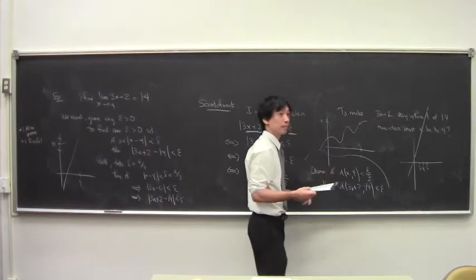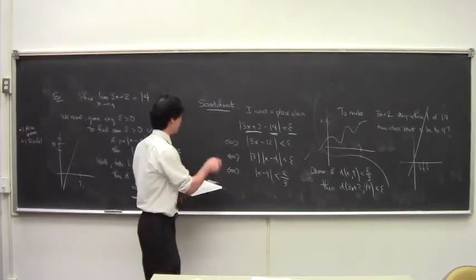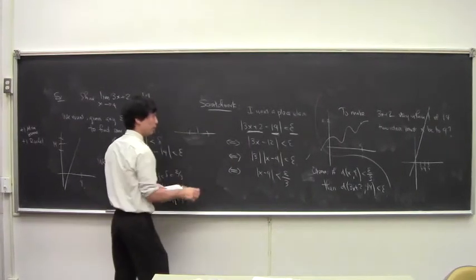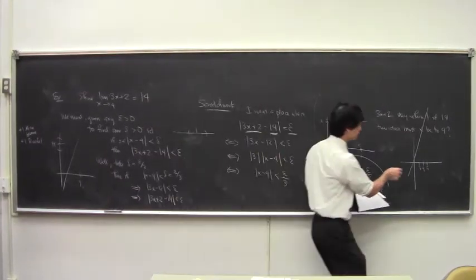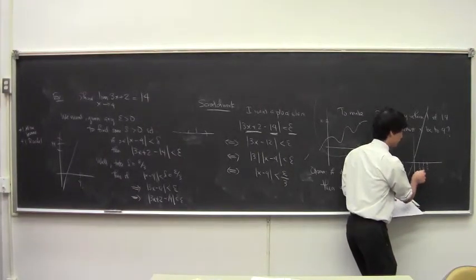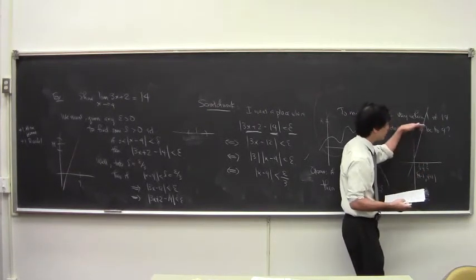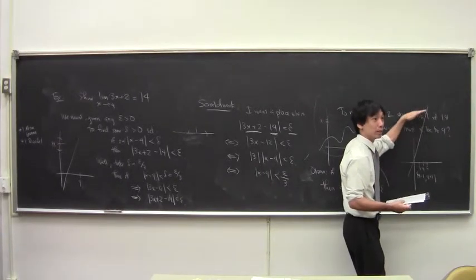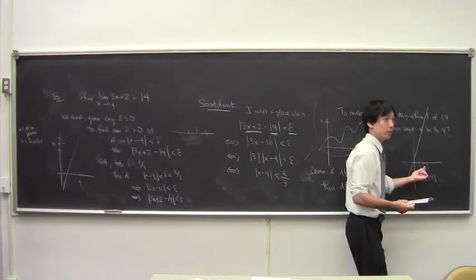So not the exact x, but you find a whole bunch of x, a whole range of x. What we just did was we said, well, any x between 3 and 5 will do. Any x between 4 minus 1 and 4 plus 1 will do to ensure that the outputs stay between 11 and 17. So all these x will do.